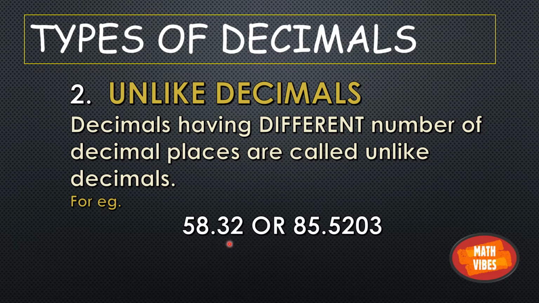So obviously here we have two and here we have four. They are not like, so they will be unlike. So unlike decimals are those which have a different number of decimal places. I hope this concept of like decimals and unlike decimals is clear to you.